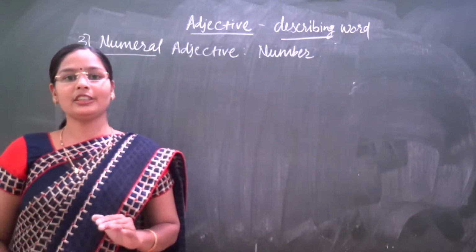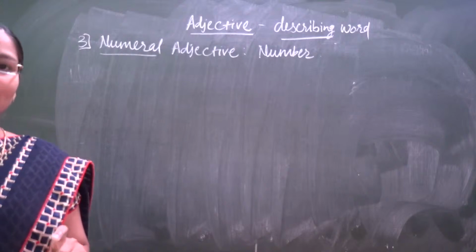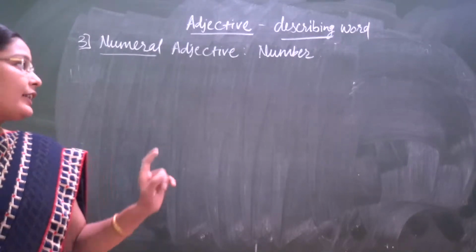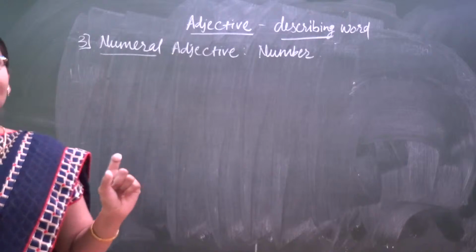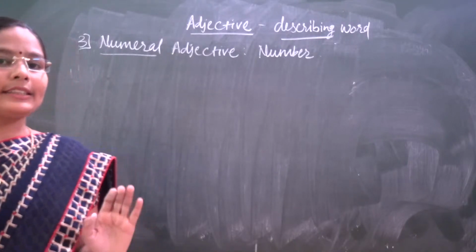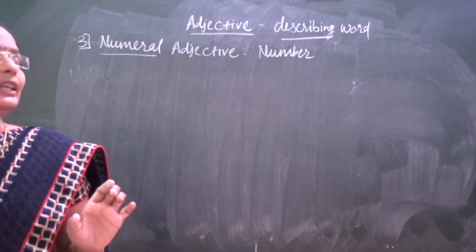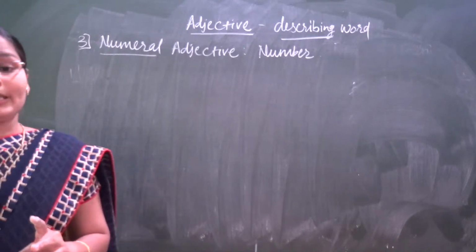There is a difference between quantity and number. In quantity, we don't know the exact number, how much it is. But in numeral adjective, the exact number is there, and that number describes a noun. So these are called numeral adjectives.